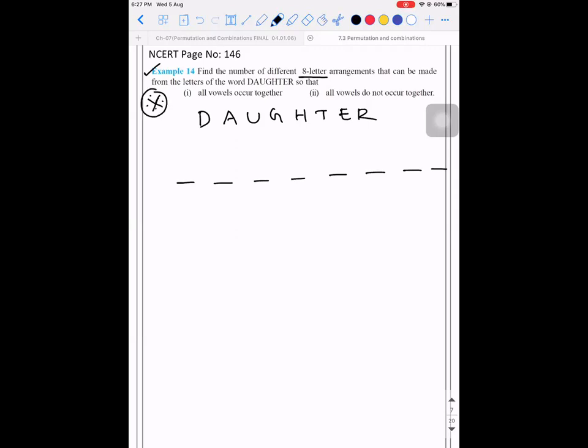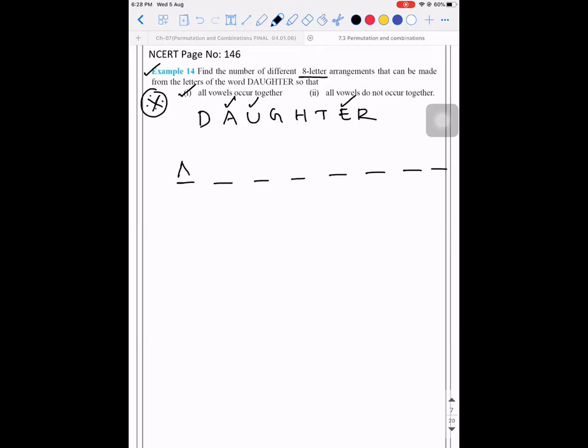Now, you need to arrange all the 8 letters in such a way that the first condition is you need to ensure that all the vowels are together. So how many vowels are there in this particular word? 3, sir. A, U, E. So you need to ensure that these 3 vowels should always be together.